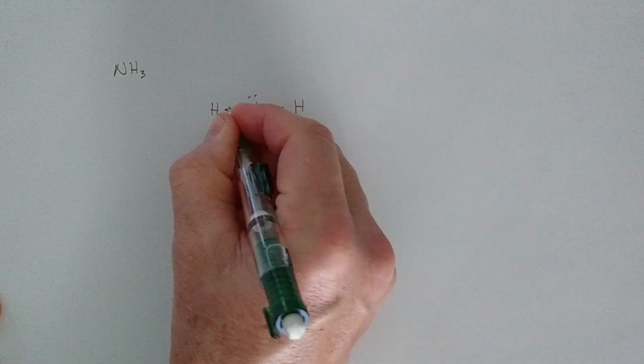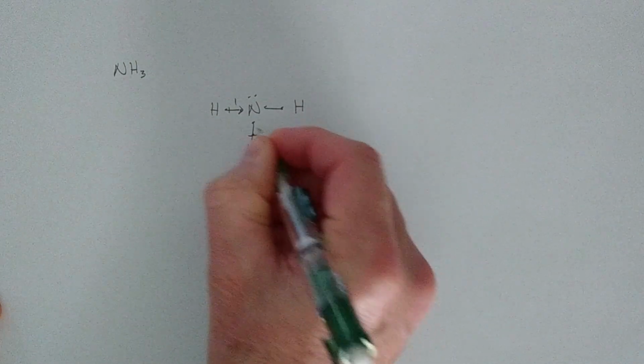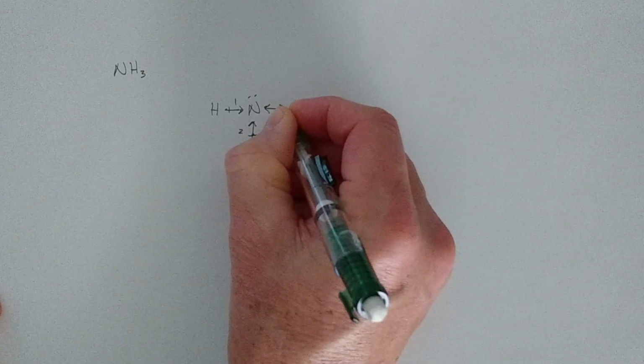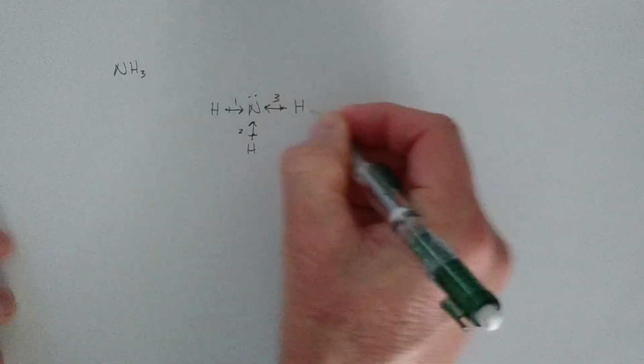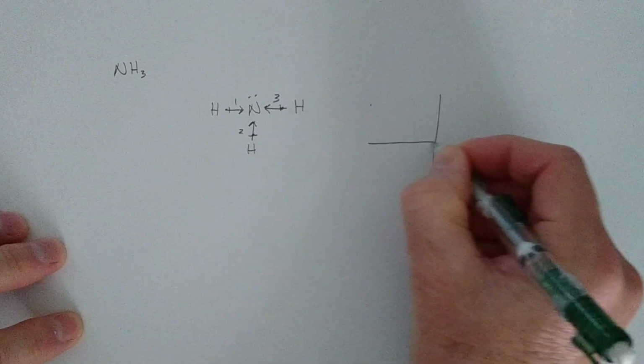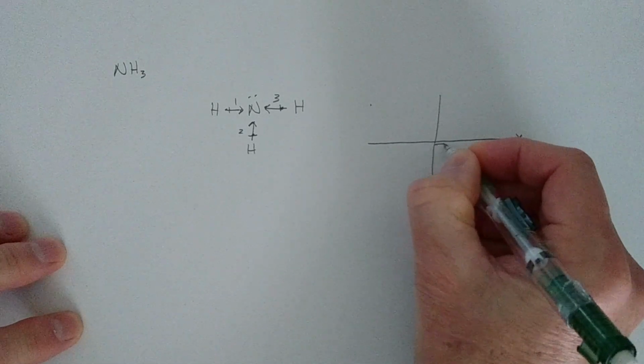We could label this vector 1. We could label this vector 2. And we could label this vector 3. We could draw our xy axis. We could place vector 1.